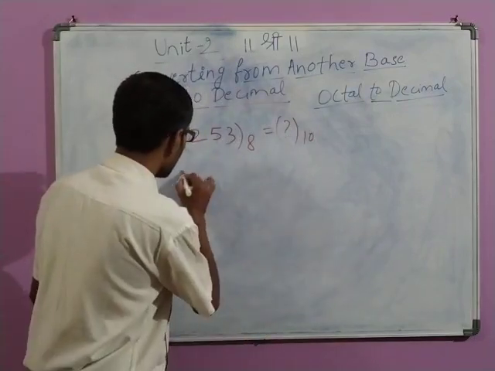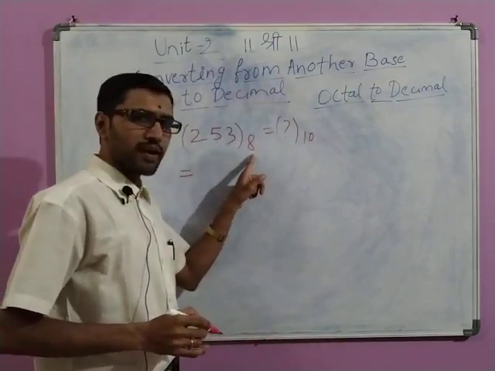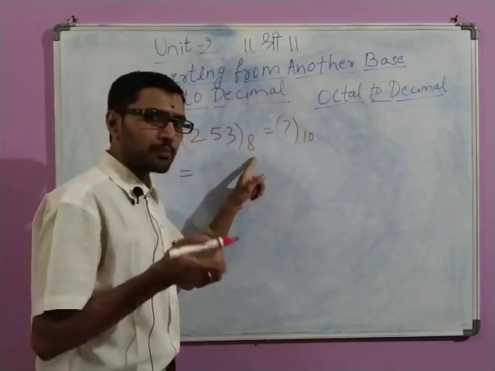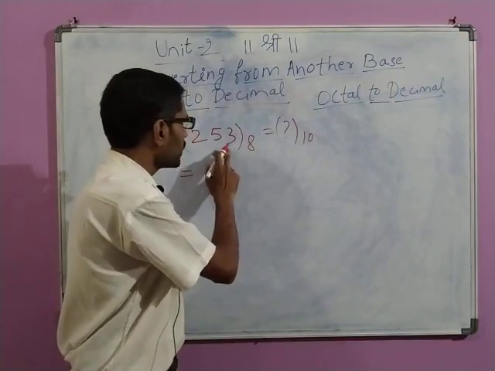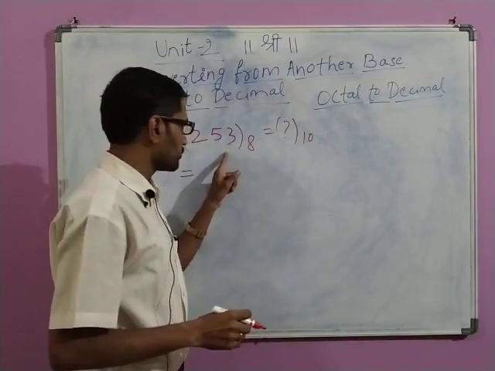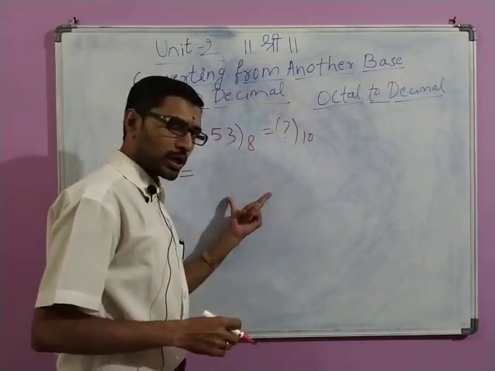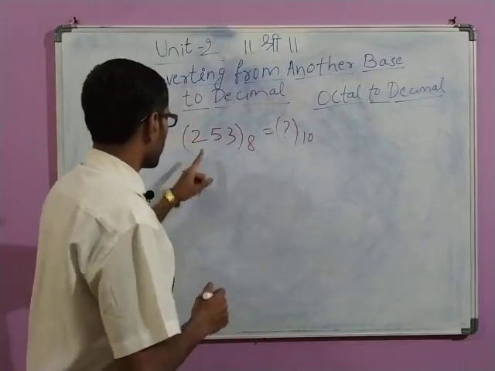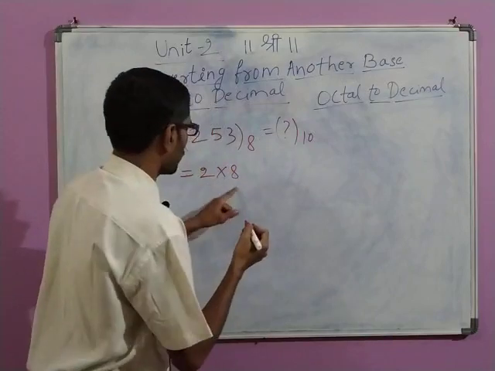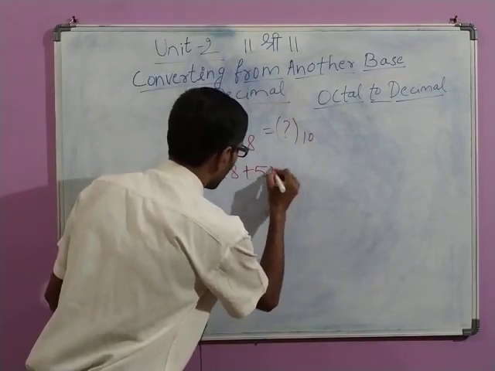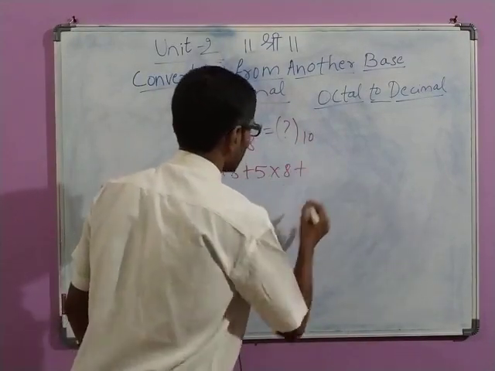The step says always take the positional values depending on the base, multiply them with the corresponding digits present in these columns, get the products, and sum them all up. So we can take 2 into 8 plus 5 into 8 plus 3 into 8.